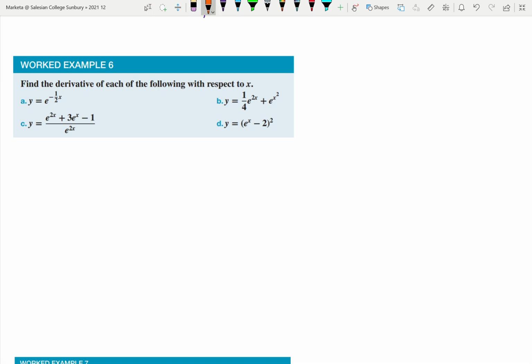Right, part C. Y equals, I'm going to make this one line as we always do, or sorry, not one line. I'm going to break the fraction down, so it's e to the 2x over e to the 2x plus 3 e to the x over e to the 2x minus 1 over e to the 2x.